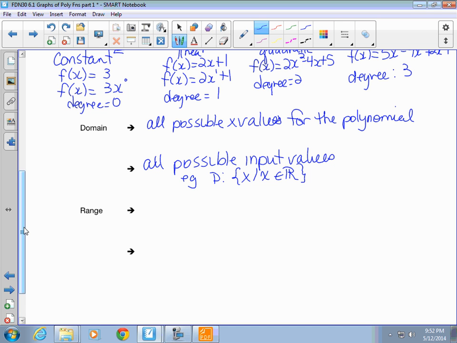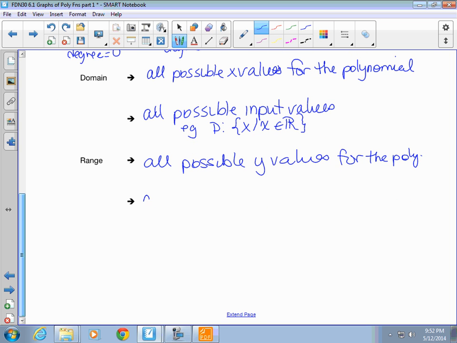Your range is all possible y values for the polynomial, or all your possible output values.